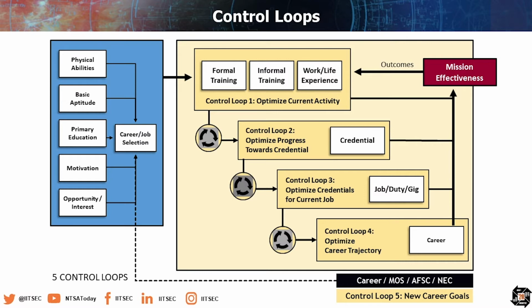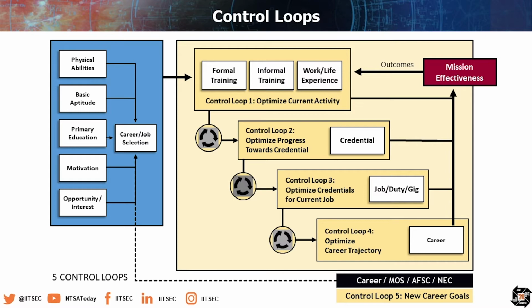But the idea is that your first control loop is really, how do I finish this module, optimizing my current activity? This is where the real fine-grained data is being generated from the learning experience. The second one is, I'm in this class because I want to get a credential or some kind of certification that I can do something.